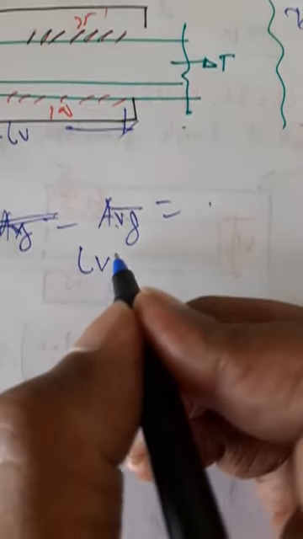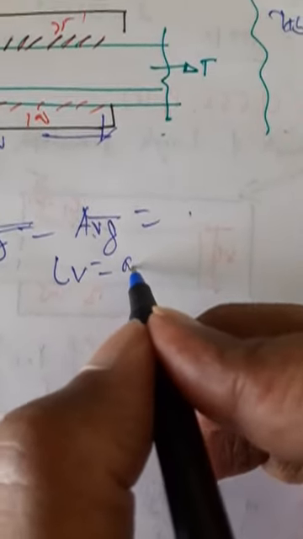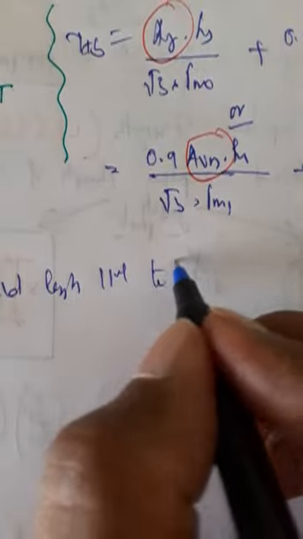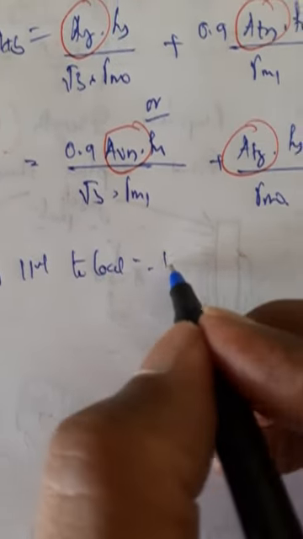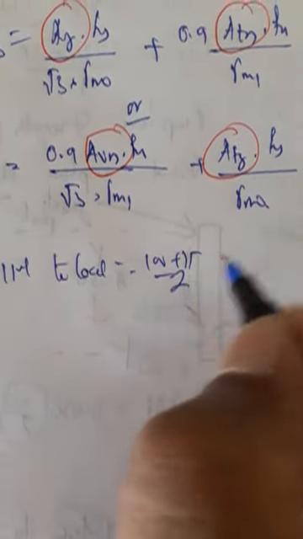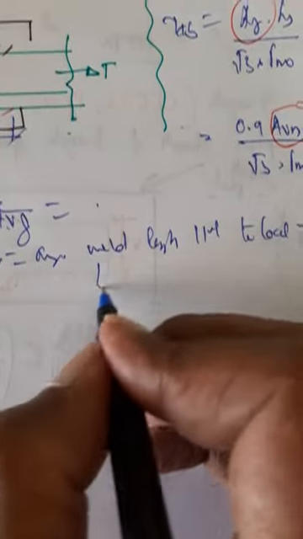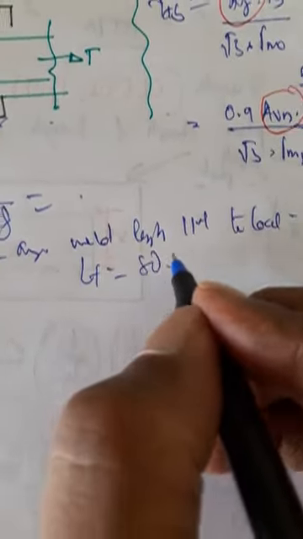Or I can calculate those values first. So first let me write LV. What is LV? Average weld length parallel to load, and that is 100 plus 75 divided by 2, 87.5. LT in tension 80 mm.